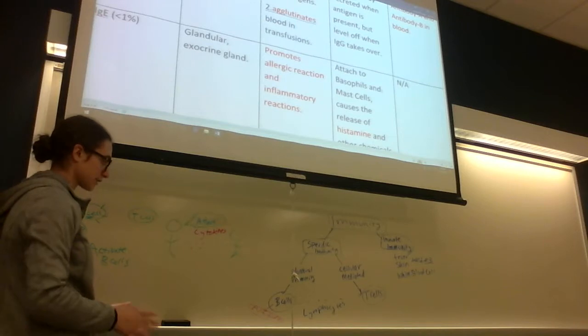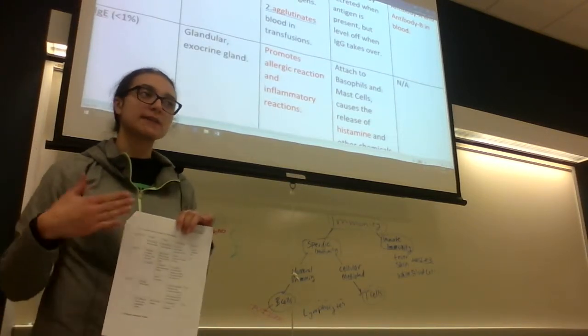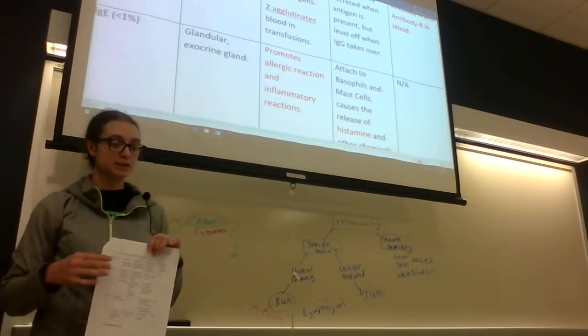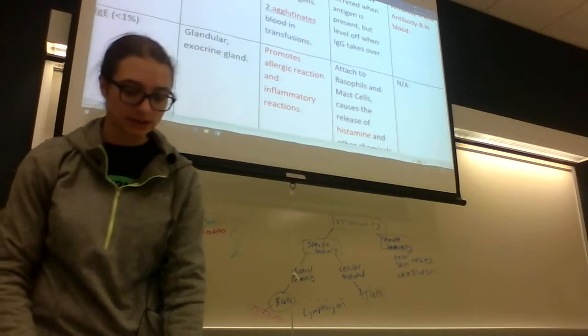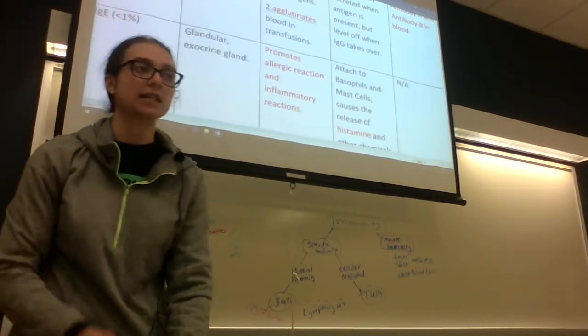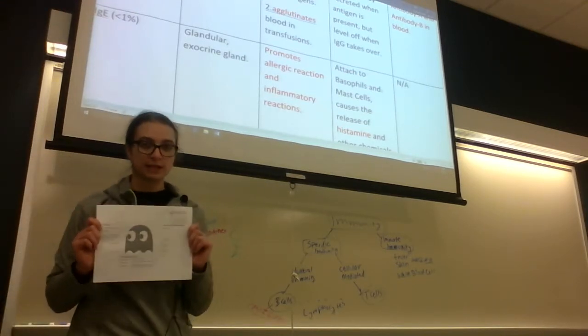So that's what this next worksheet is over. This is like the anatomy: what an antibody is, and these are the different categories. And now this Pac-Man ghost is going to be the physiology, like what do antibodies actually do? So that's what this is all about.